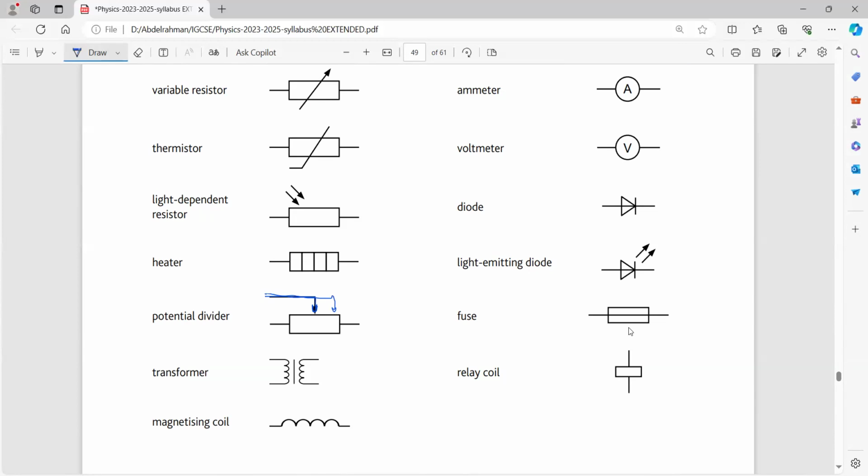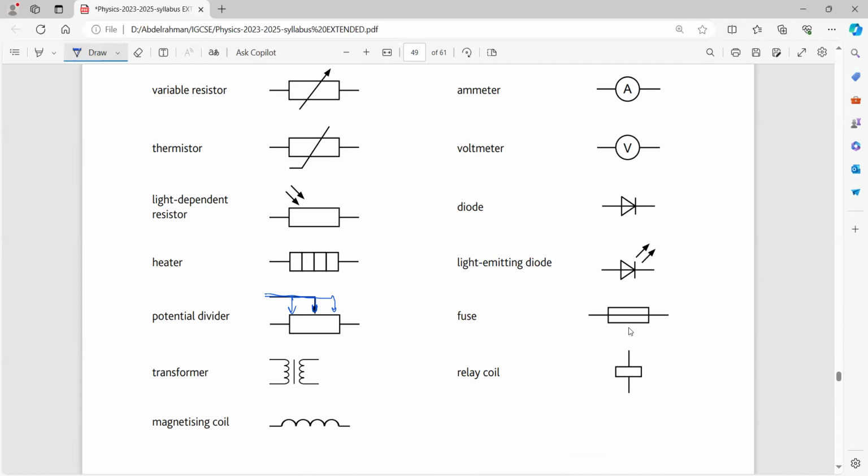If I decrease the length of the wire, the resistance also decreases. So the whole point is, if I increase the length, the resistance will increase and the voltage will increase. When I decrease the length, the resistance will decrease and the voltage will decrease. That's all that has to do with the potential divider.